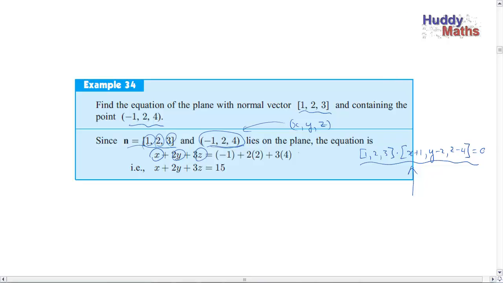Otherwise you can just sub these values in, there, and get that magic number 15. Okay, so get the difference between those two approaches. If you just ask for this, the equation of the plane, then you can do it that quick way, and otherwise this is for any question where it says show that.